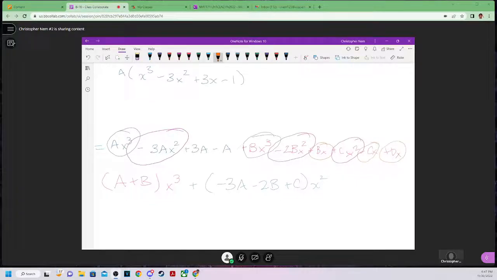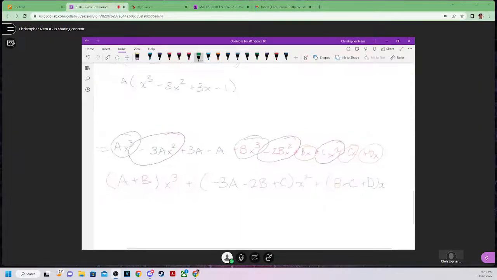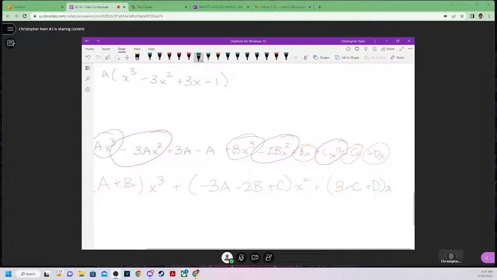So now this is going to be plus b minus c plus d, all times x. And then the final constant is going to be, I'm going to write down here, plus, what is that?